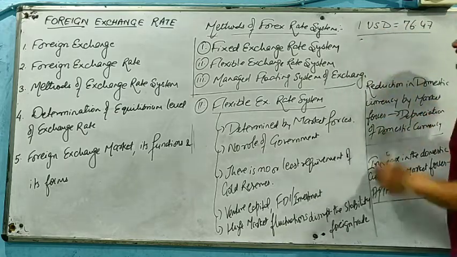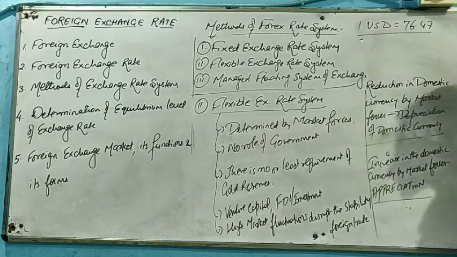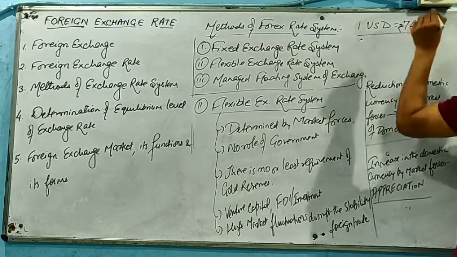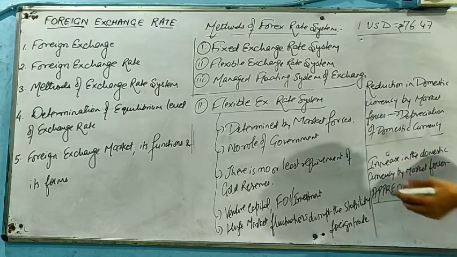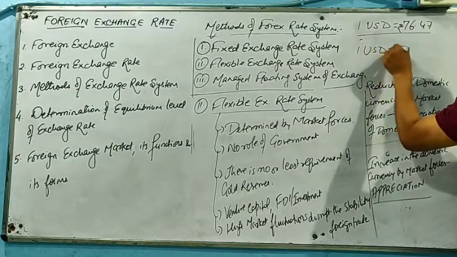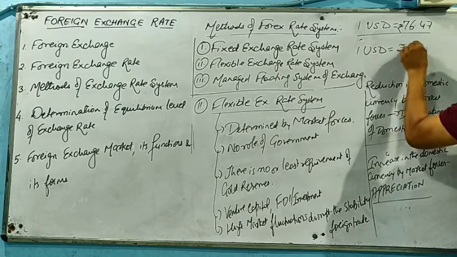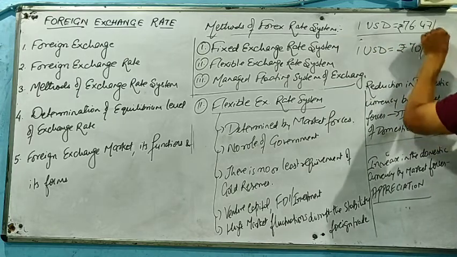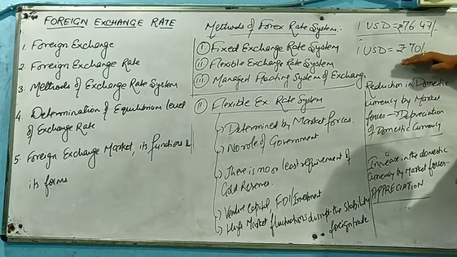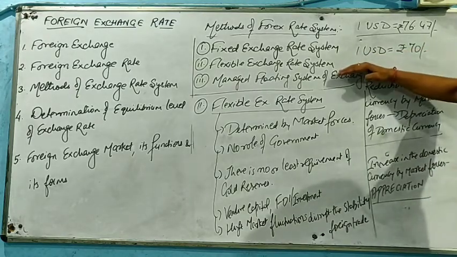It means we must have 76.47 rupees in order to trade with $1 US. But due to market forces, if $1 US becomes 70 rupees only, we can say that now we require only 70 rupees to exchange $1 US.